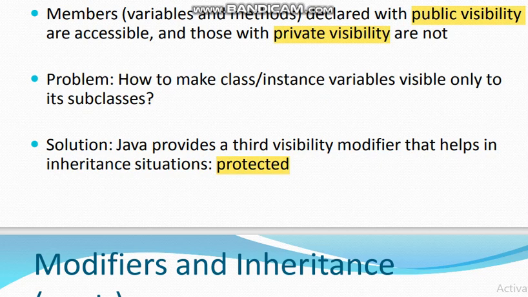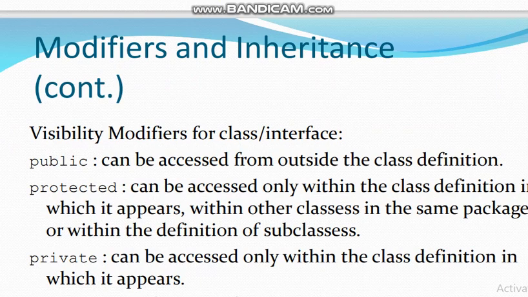Your member class variables and member functions can be accessed by everyone. But in the case of private visibility, you cannot. But if I want a member function to be viewed by some classes, not all classes, how can it be done? With the help of one visibility modifier, that is protected. So what is this visibility modifier for protected?